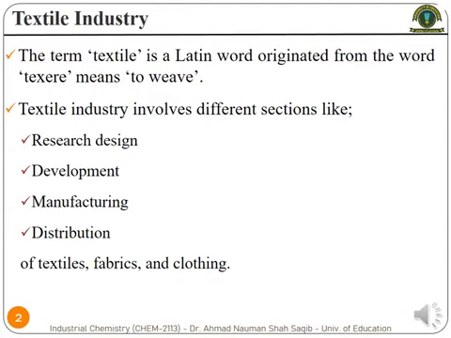And all these processes, including the research, design, development, manufacturing and distribution of different textiles, including fabrics or clothing or carpets, whatever, are included in the textile industry. So इस lecture में जो है हम, it will be around 3, 4 or 5 lectures about textile industry. So we will cover all of these or most of these aspects of textile industry.